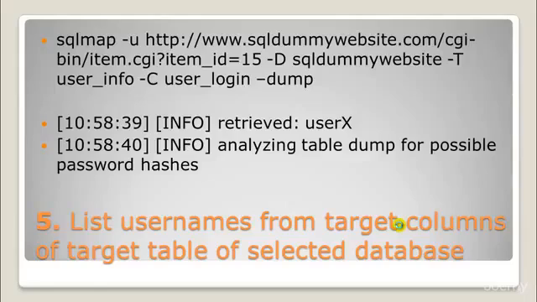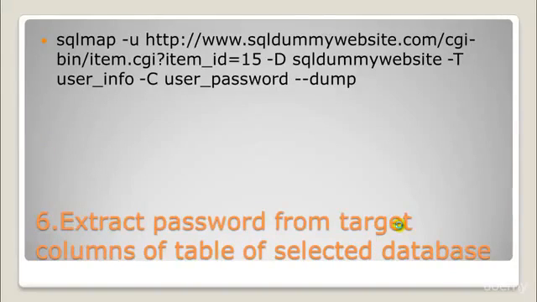So when you run this, you will be amazed to see what you have got. We will be getting the usernames from the database. So as you can see, we have retrieved user X, and it will go ahead and analyze the table dump for possible password hashes. So after we do that, we need to extract the password from the target columns of the target table of the database using sqlmap injection.